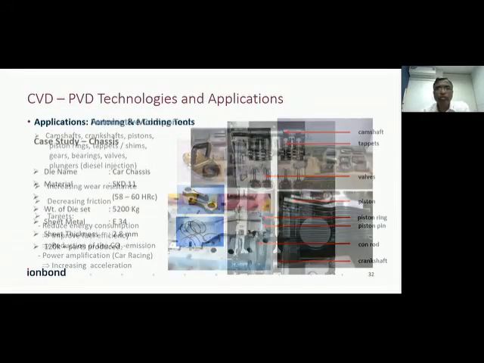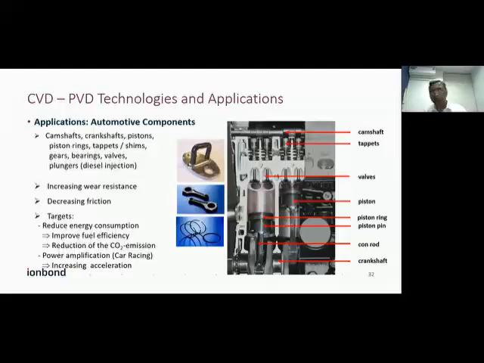Now I will go to the automotive components, because everybody is fighting towards how to reduce pollution. Pollution is getting generated in the diesel engines, which are widely used in commercial vehicles, where all the parts are getting rubbed, and due to that there is continuous emission.